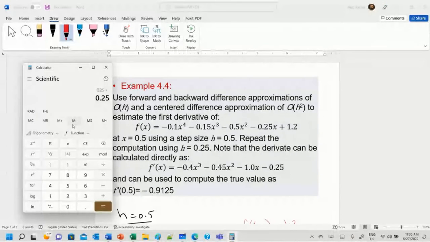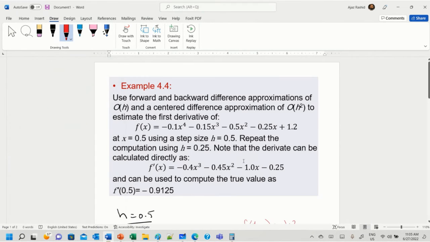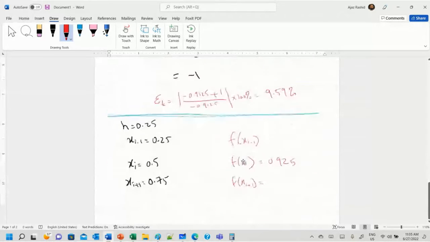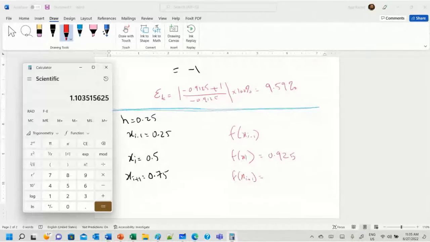Then 0.25 multiplied by 0.25, also subtract from the memory. And I have 1.2, which I add to the memory. And the value is 1.103515625, so 1.103.